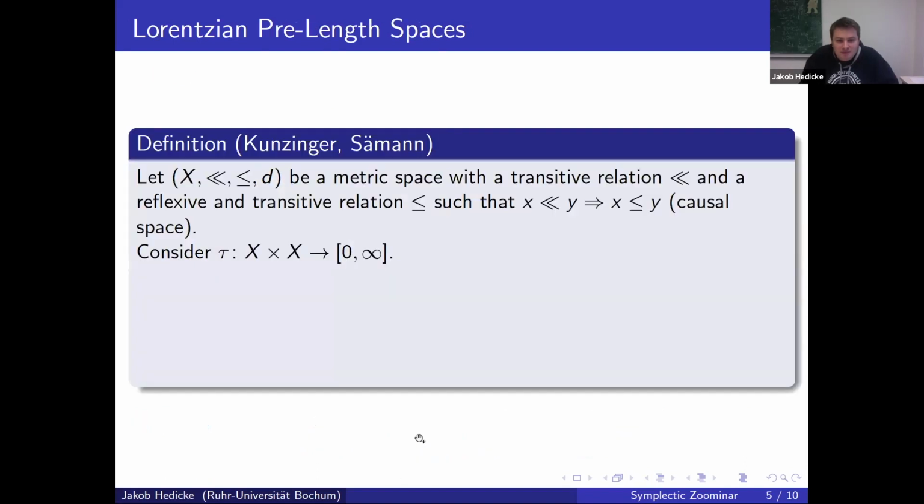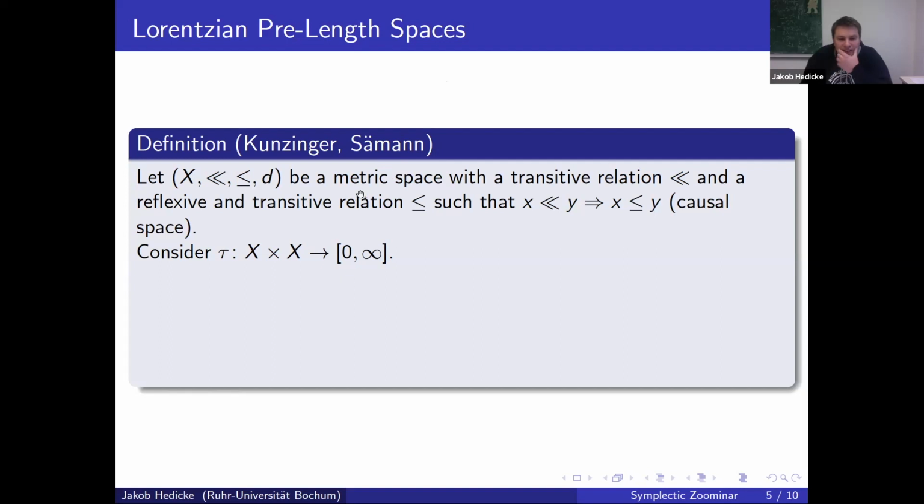Okay, so now of course, the contactomorphism group has similar relations, but it's not a Lorentzian manifold in the usual sense. But one way to generalize the concept of Lorentzian manifold was recently introduced by Kunzinger and Sämann, who defined a Lorentzian analog of metric geometry. They call it a Lorentzian pre-length space.